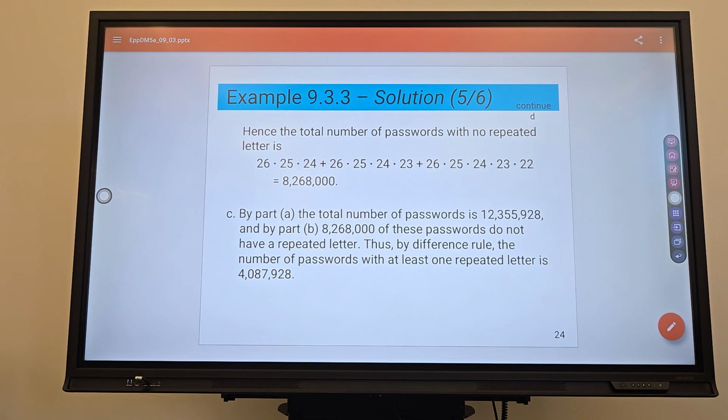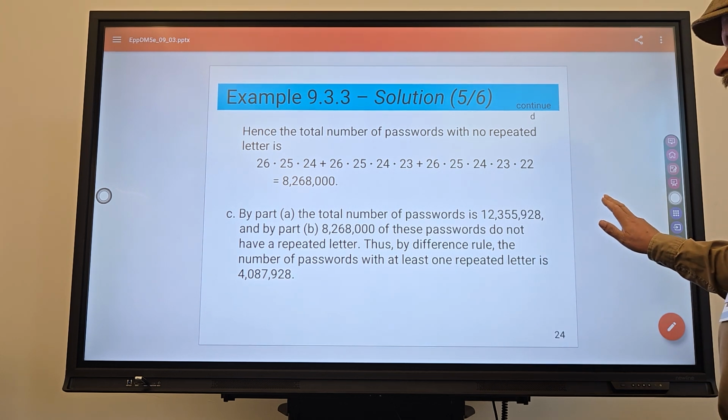Now, by part A, the total number of passwords is 12.3 million, and by part B, 8.2 million do not have a repeated letter. Thus, by the difference rule, the number of passwords with at least one repeated letter is about 4 million passwords.